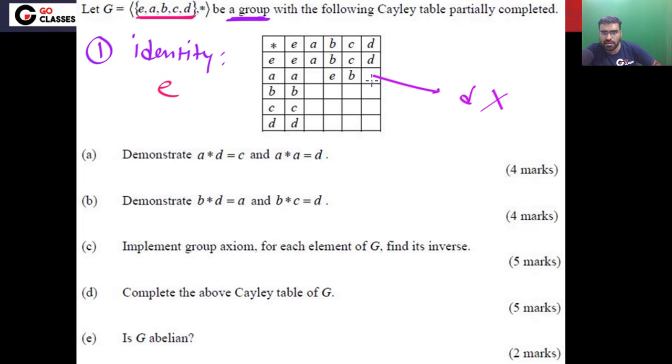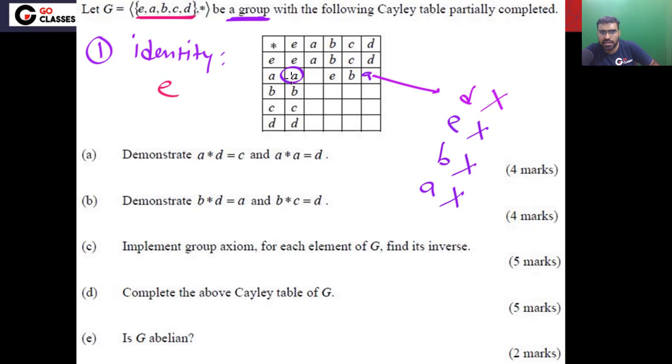So what is remaining? You cannot put D because the repetition will happen. You cannot put E because the repetition in this row will happen. You cannot put B because if you put B, then repetition in this row will happen. You cannot put A because if you put A, then in this second row also the repetition will happen.